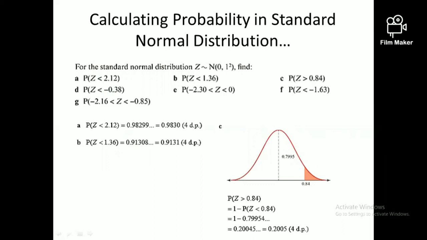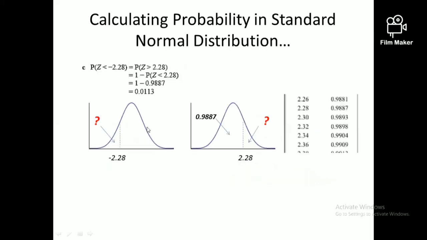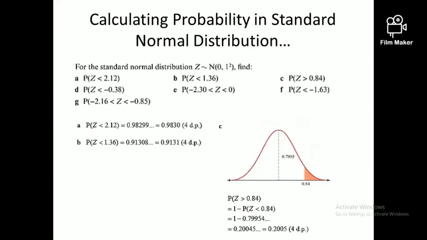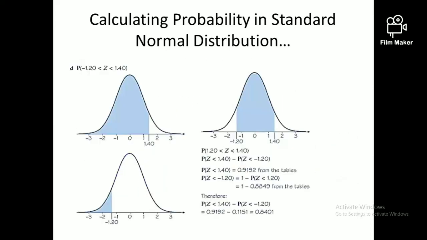Then, in this example, we need to find the probability of Z is less than 2.12. What you need to do here is find the value less than 2.12. So you can get this answer 0.9299. Let's see whether it's there in the first table. The value is 2.12.